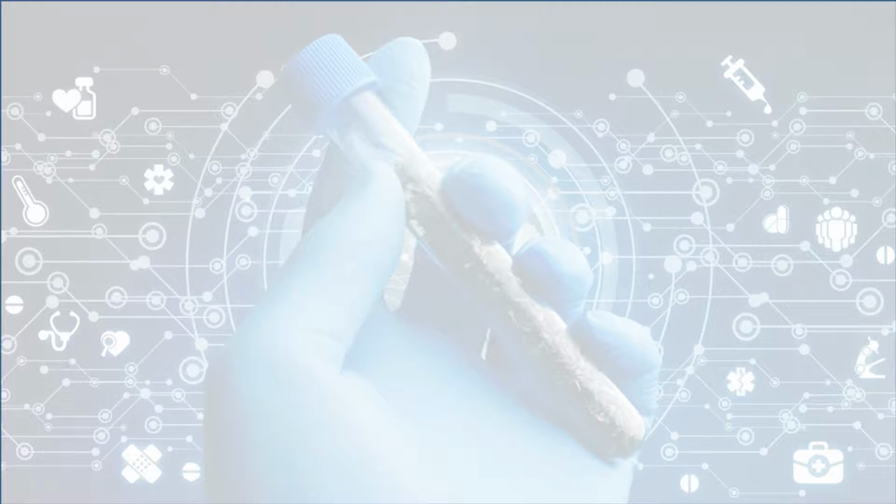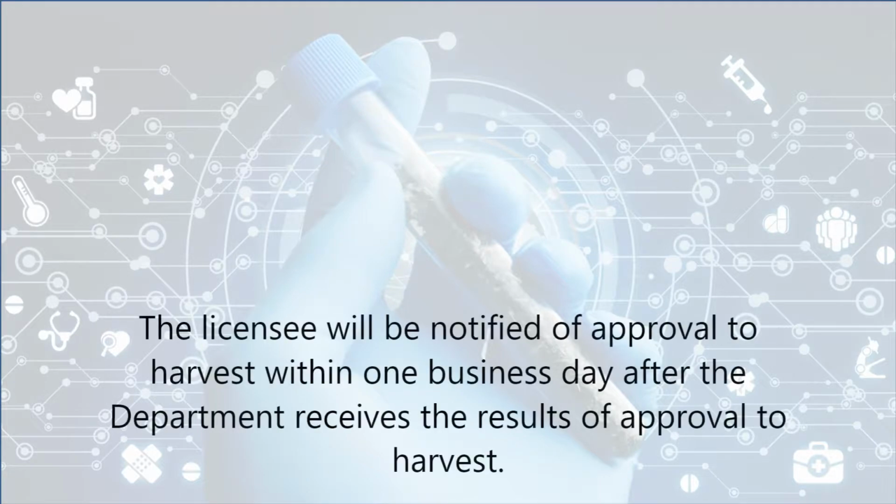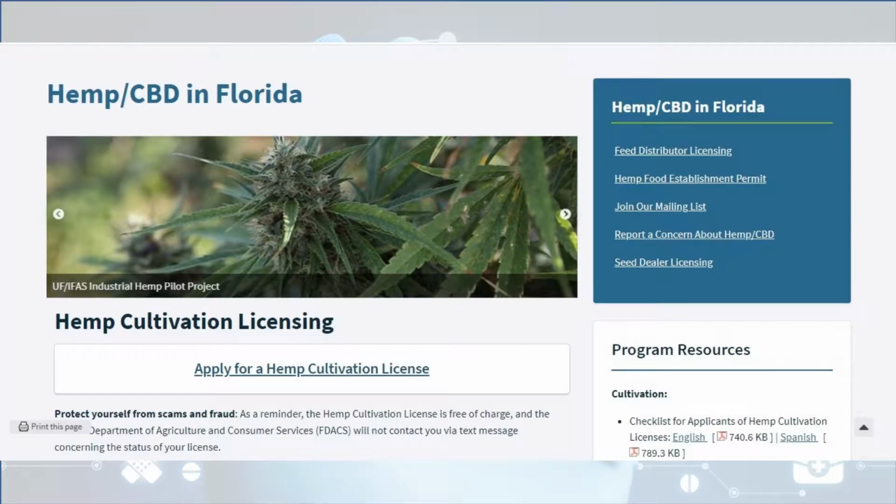Samples must be collected by an approved designated lab, transported and submitted to the lab for analysis within 1 business day of sample collection. The licensee will be notified of approval to harvest by email within 1 business day after the department receives the results. A list of approved designated labs is available to licensees at the FDACS Hemp page.